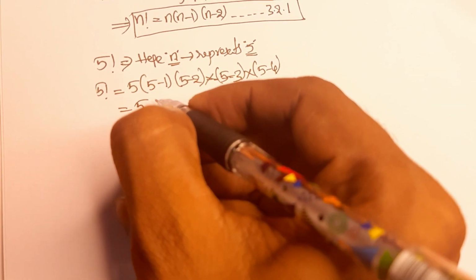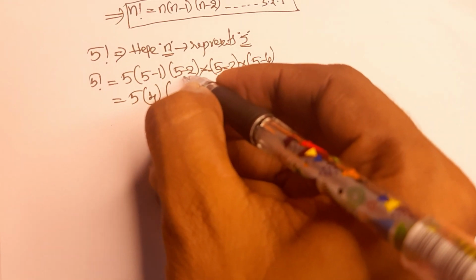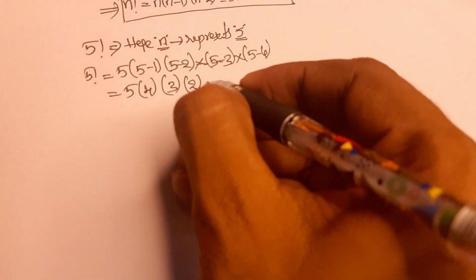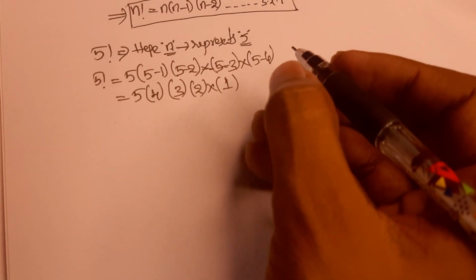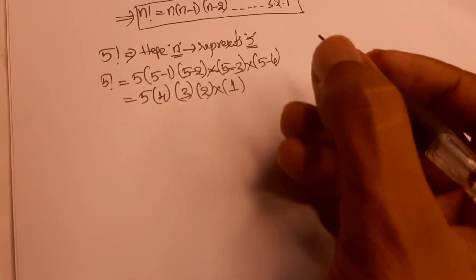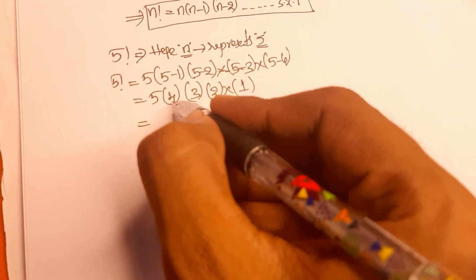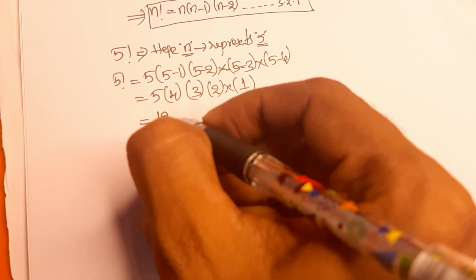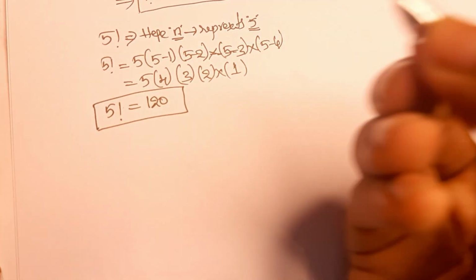Here 5 minus 1 is 4, 5 minus 2 is 3, 5 minus 3 is 2, and 5 minus 4 is 1. You don't need to take 5 minus 5, which is 0. If you multiply it, how much do you get? 20 into 3 is 60, 60 into 2 is 120. The answer is 120.